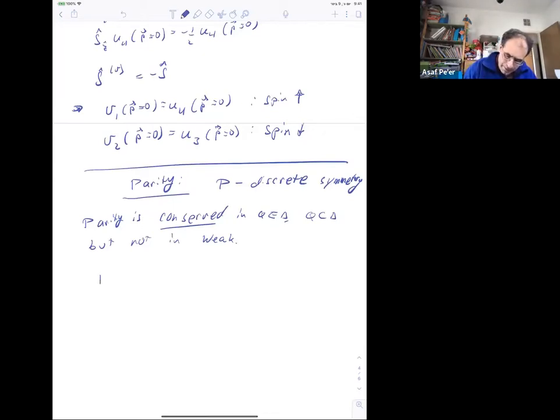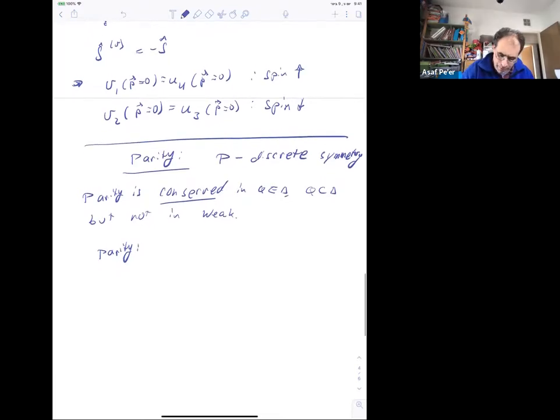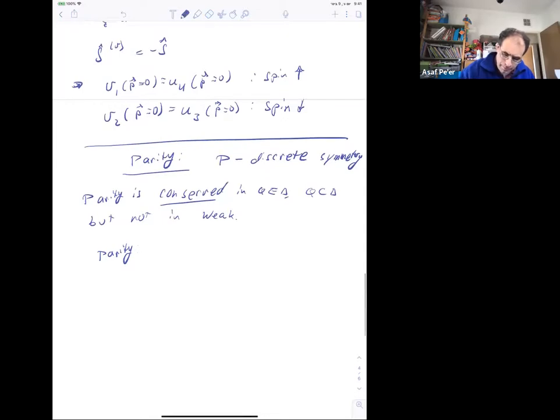Okay, let's look at what parity does to the Dirac spinor. Remember that parity reverses the spatial coordinates, but not the time coordinate. So under the parity transformation, what it does is take r to r prime, which is minus r, and t goes to t prime, which is t.